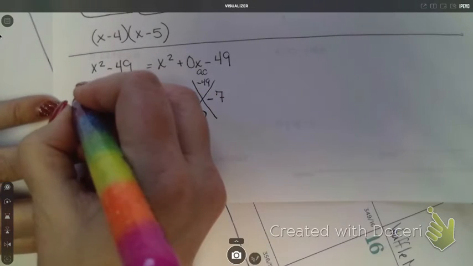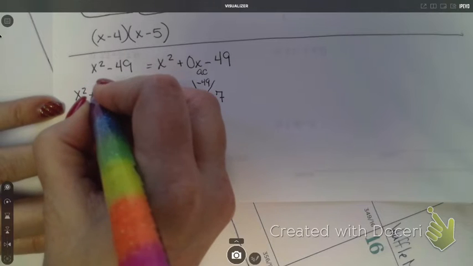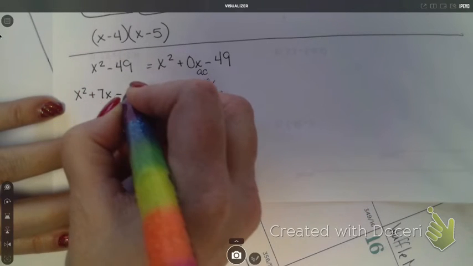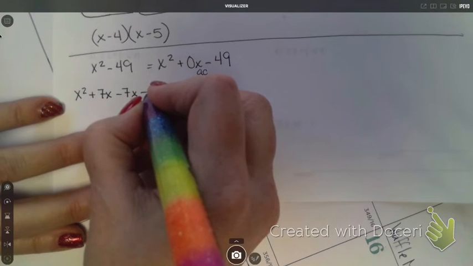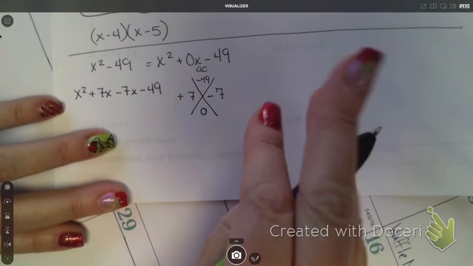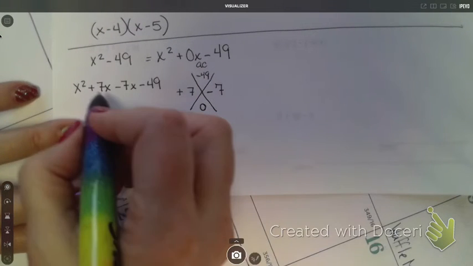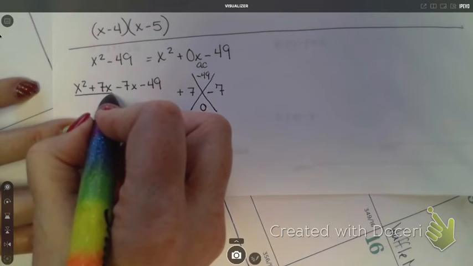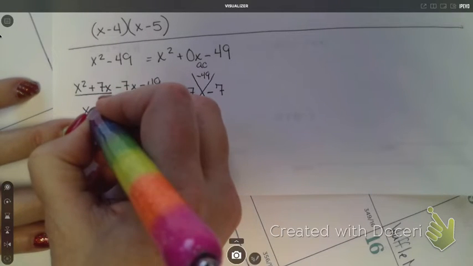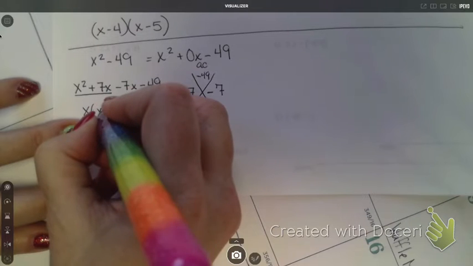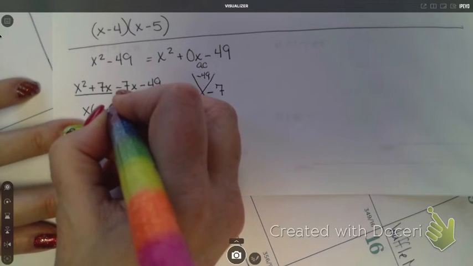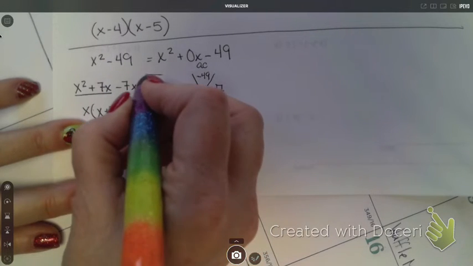So I have x squared plus 7x minus 7x minus 49. So what do the first two terms have in common? X. So I get x plus 7. What do the next two terms have in common?